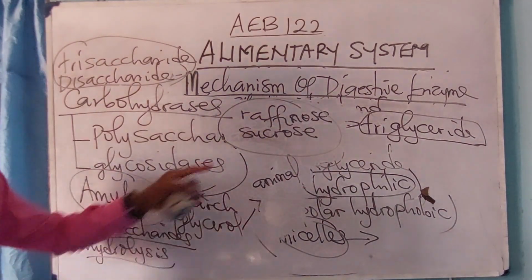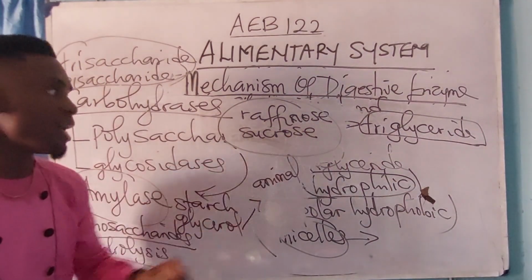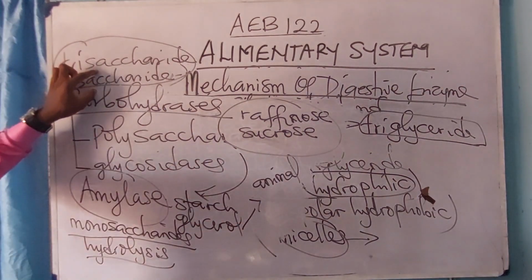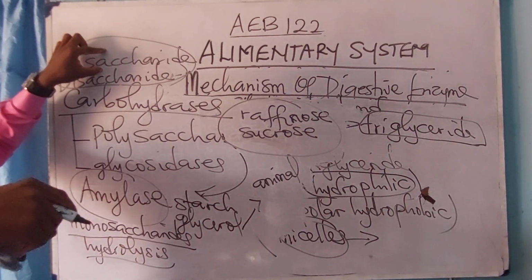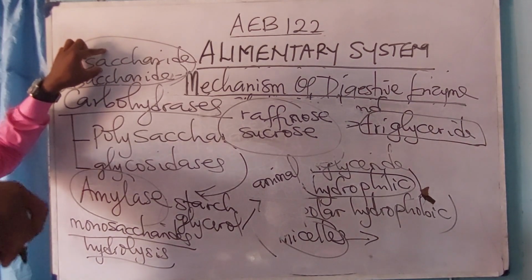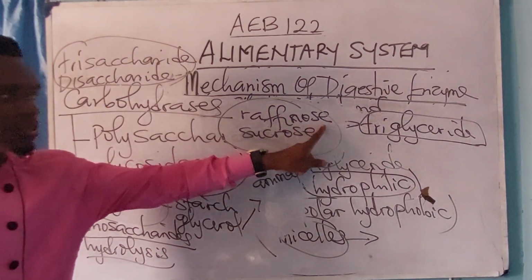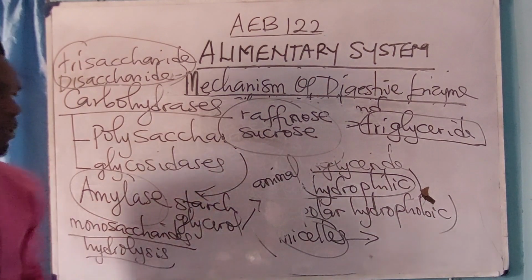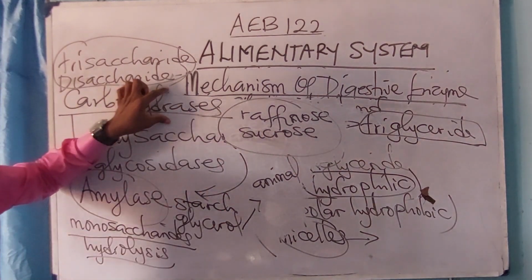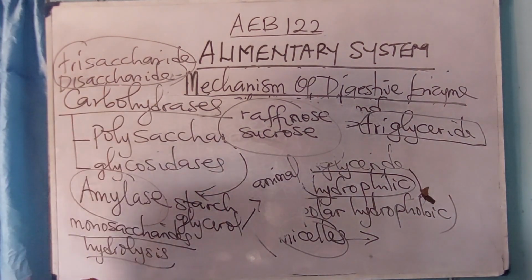Animals. All right, so these are examples of what? Trisaccharide.